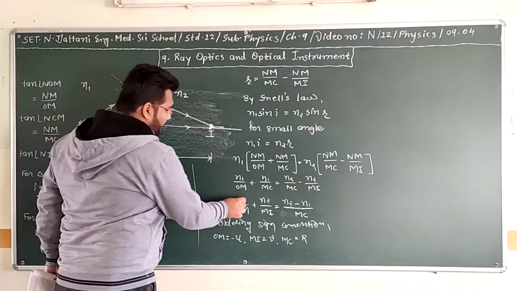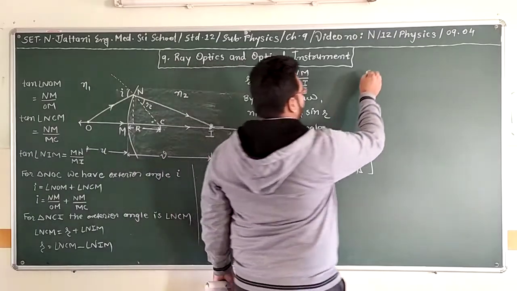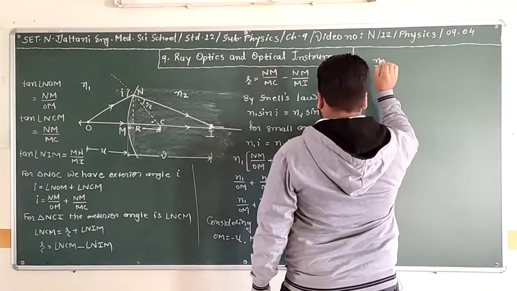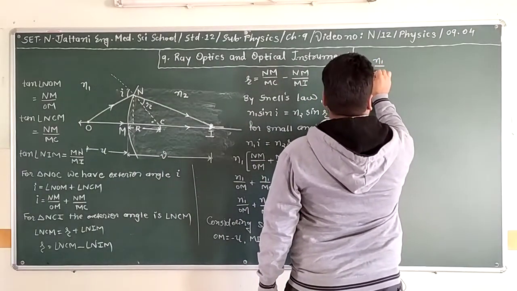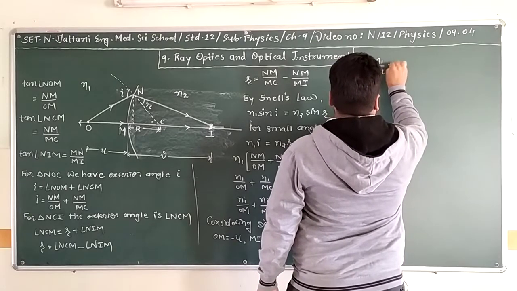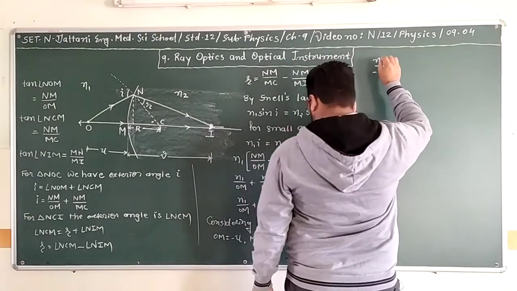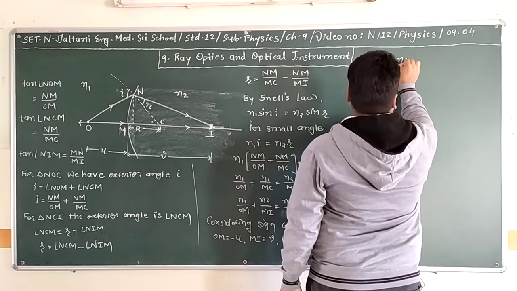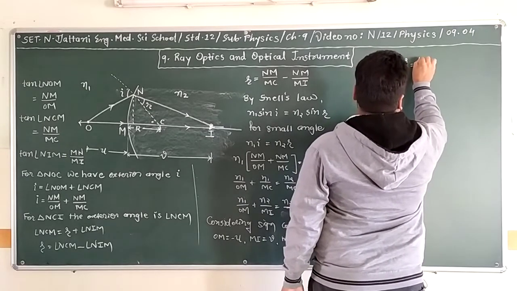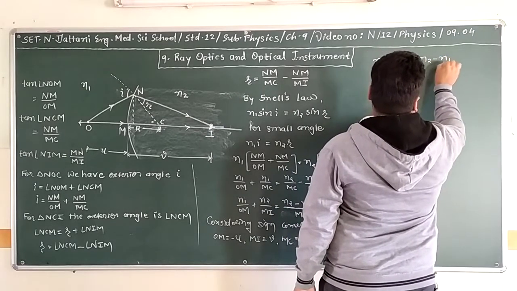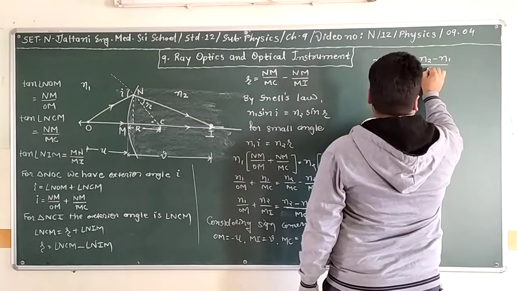So we get N1 upon OM, and the value of OM is minus U, plus N2 upon V, and here N2 minus N1 upon R.